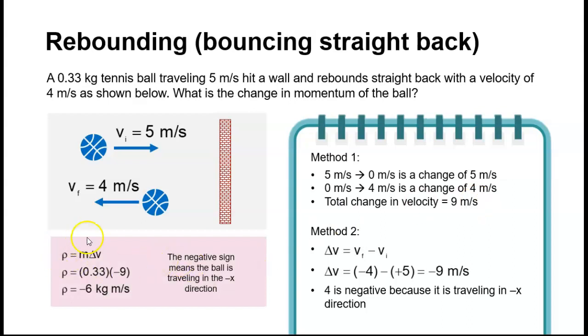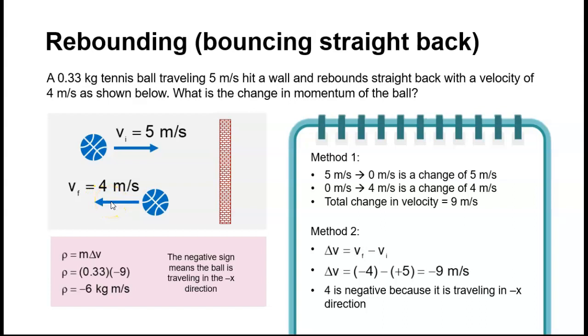So when I find the change in momentum, it is the mass times 9. If you did it the top way, then you would get an answer of 6. If you did it the bottom way and got negative 9, you'd get an answer of negative 6. What does that negative mean? It just tells you that at the end of the story, the ball is traveling in the negative x direction.